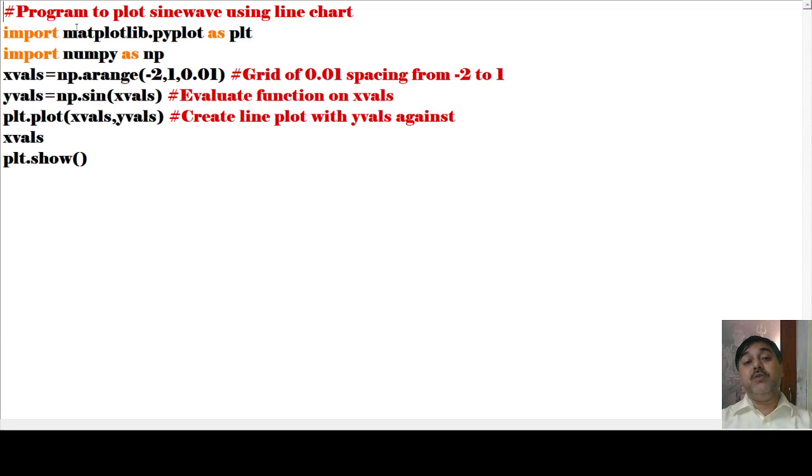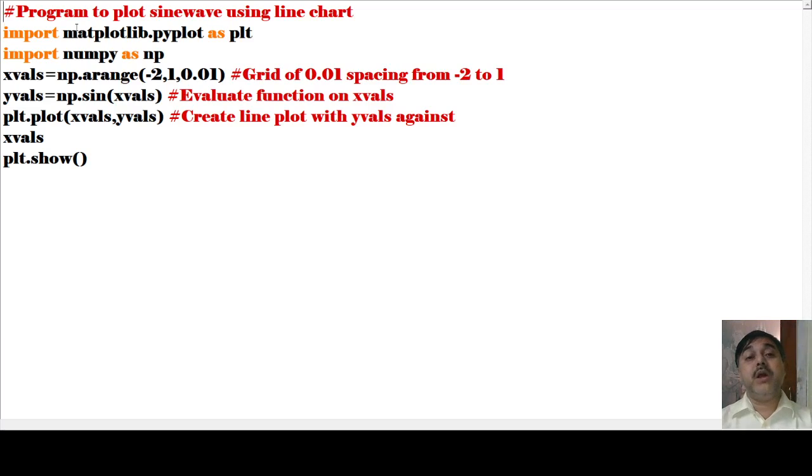So what are the structures we have here? The structures are np.array. So xval equals np.arange(-2, 1, 0.01), isn't it?